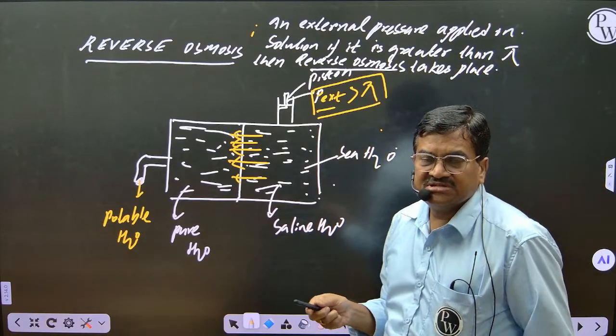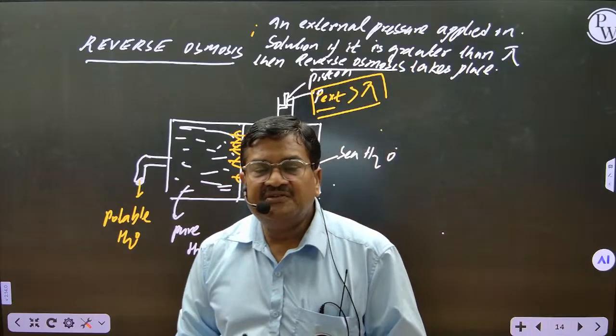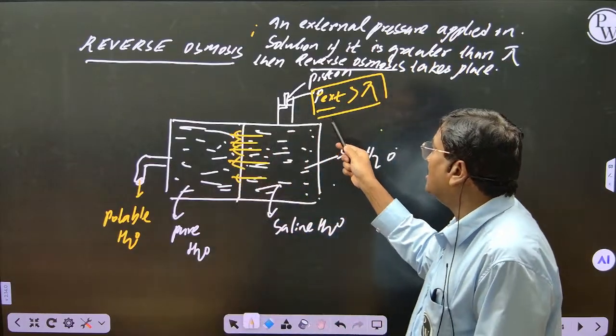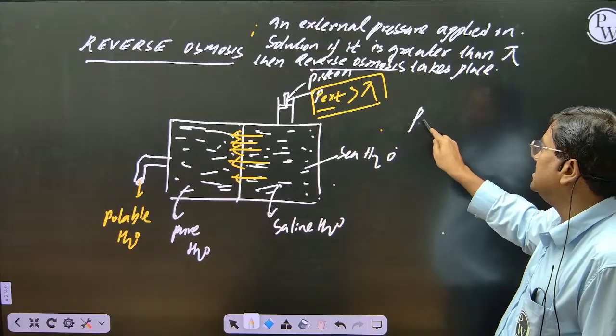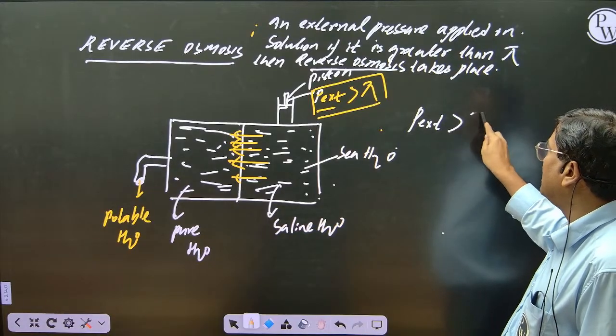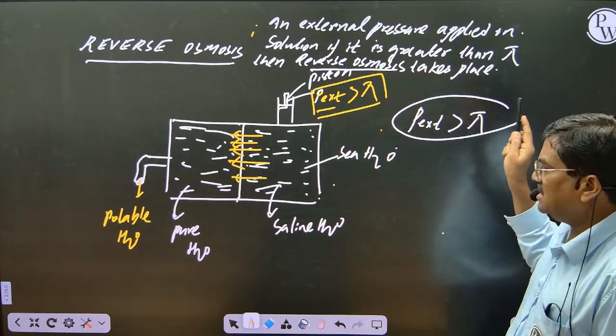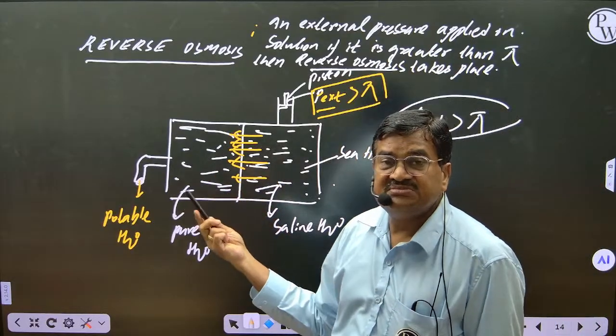Understood, students? Reverse osmosis is just opposite to what we learned for osmosis. They ask in the exam how the external pressure should be. This is important. External pressure should be higher than osmotic pressure.